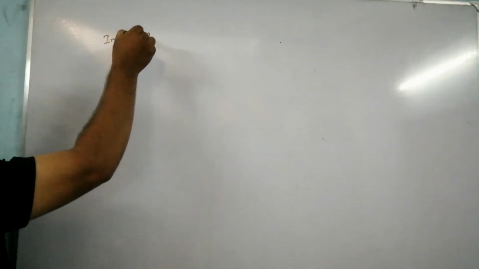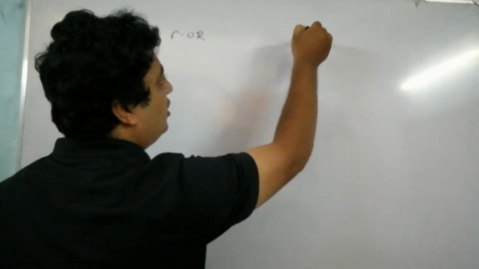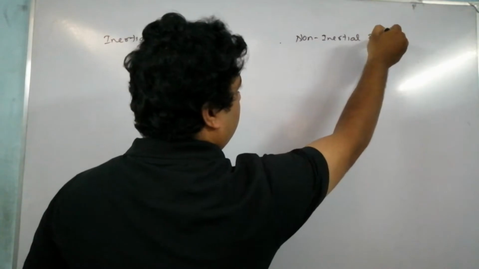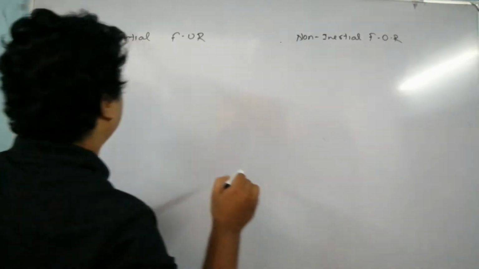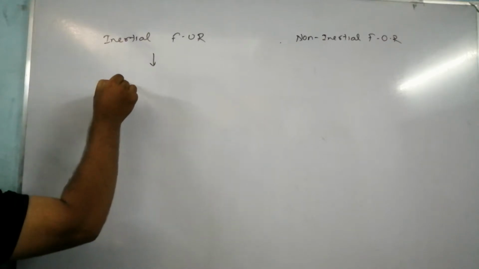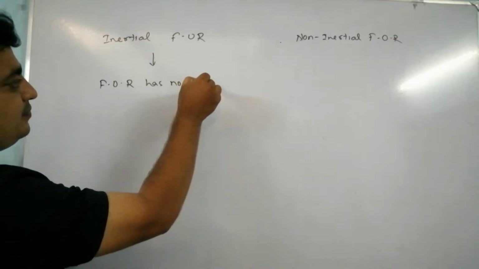Then we have two types of frames of reference. One is called inertial frame of reference. Second one is called non-inertial frame of reference. So, inertial frame of reference means the frame of reference has no acceleration.